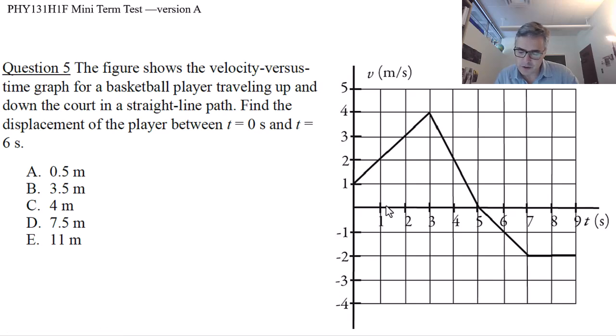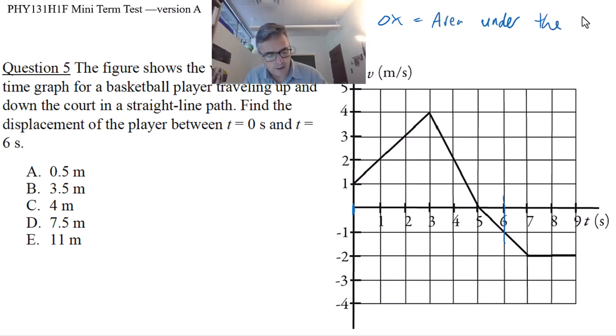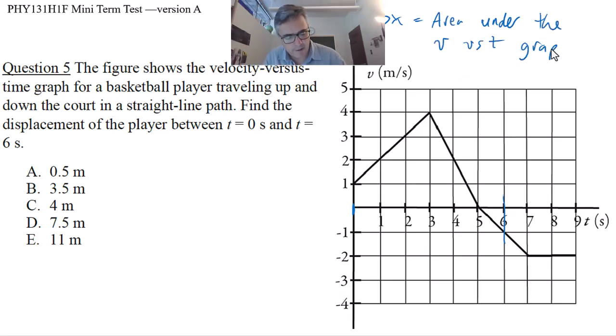Question 5. The figure shows the velocity versus time graph for a basketball player traveling up and down the court in a straight line path. So it goes up, positive velocity, and then stops, and then has negative velocity. Find the displacement of the player between t equals 0 and t equals 6 seconds. So the displacement, delta x, is the area under the v versus t graph.